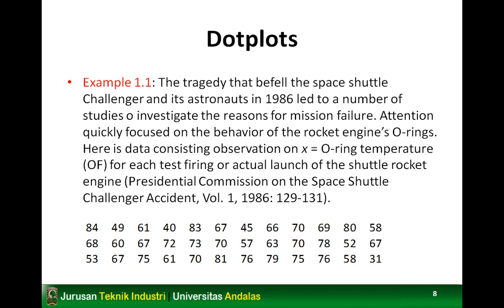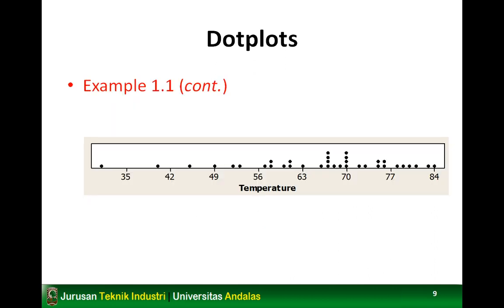We have many of them, and this is the dot plot, and you can see from the slide that they are using dots, but because of the limitation of the application that I use, I just put X when I give you the first example of how to make a dot plot. I think this is it. Thank you very much.